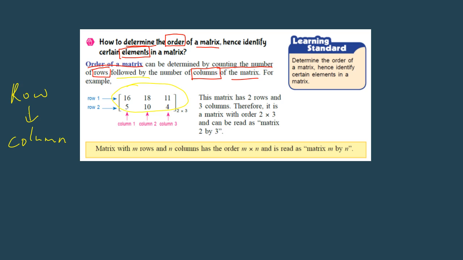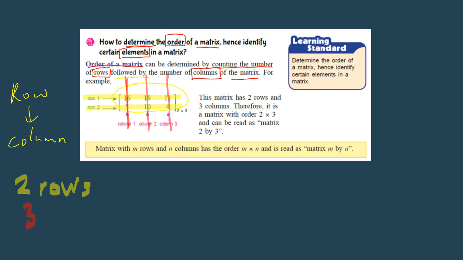So what is the order? So first you calculate, you see how many rows. How many rows? 1, 2 rows. So you write 2. And then how many columns? 1, 2, 3.